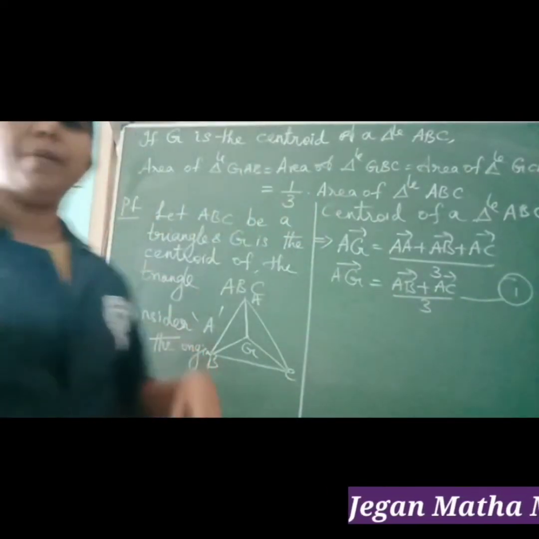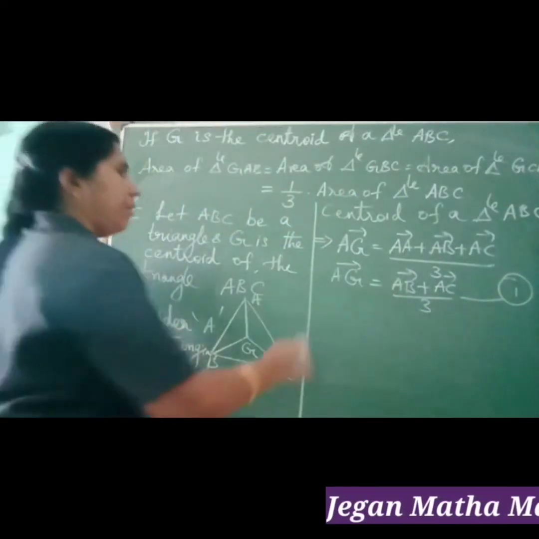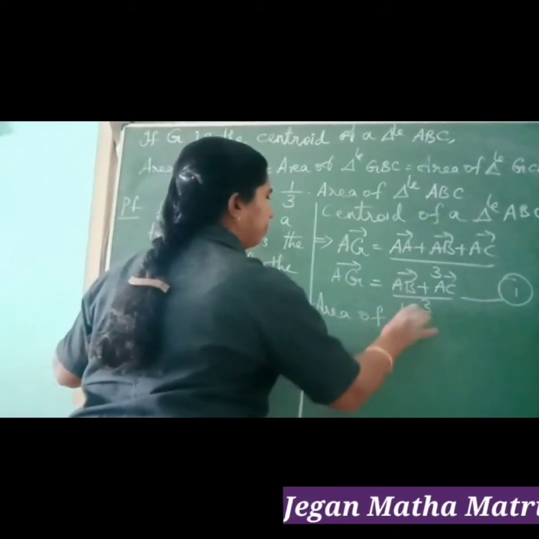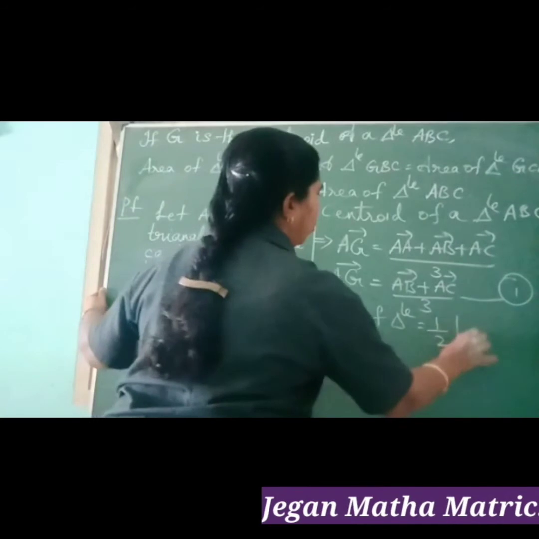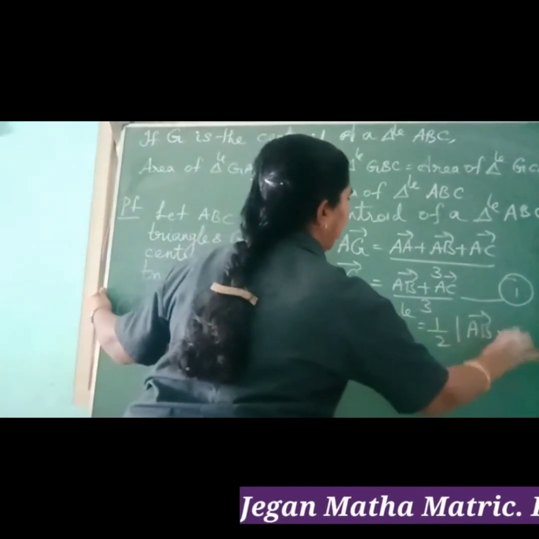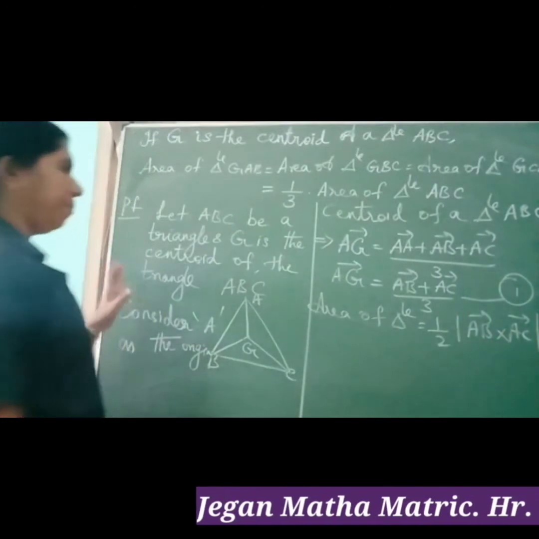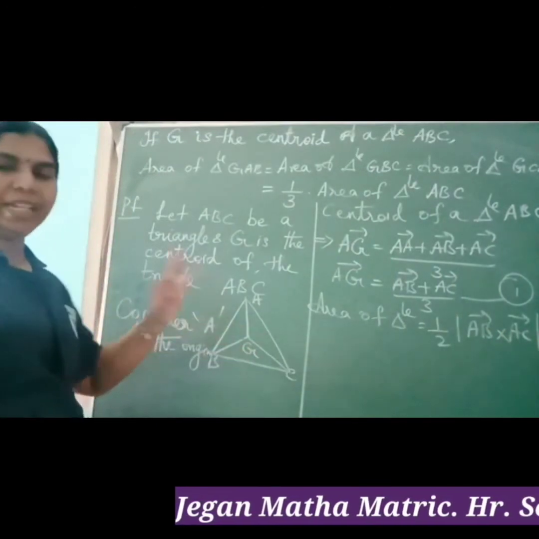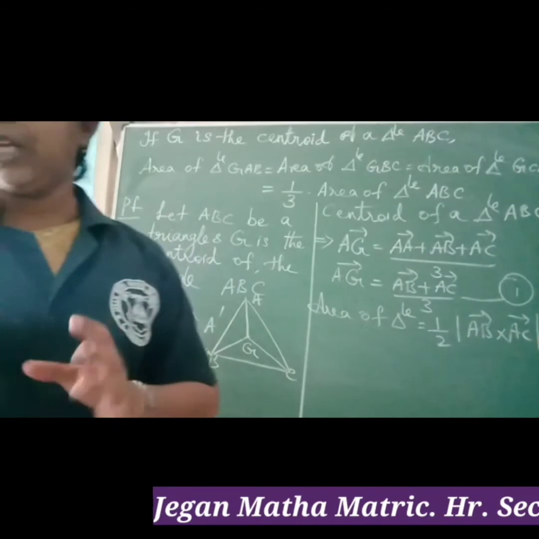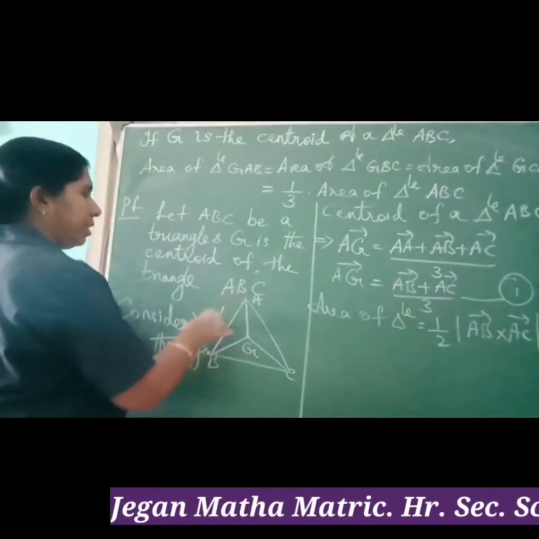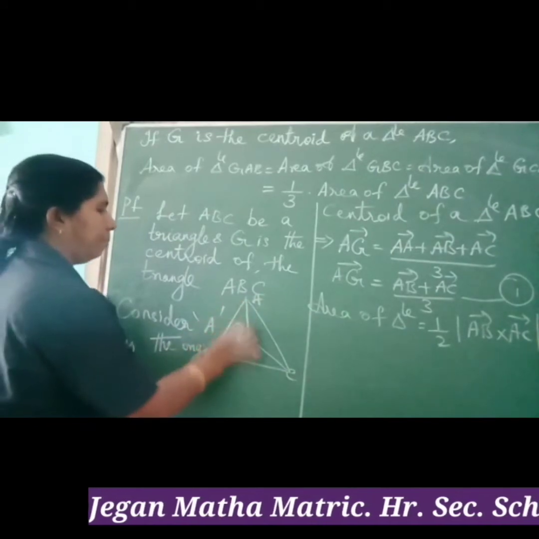Then you know the formula for area of a triangle. What is the formula for area of a triangle? Area of a triangle is half into AB cross AC. Now, I told you already, the three triangles we are having. Now you can consider the first triangle GAB.